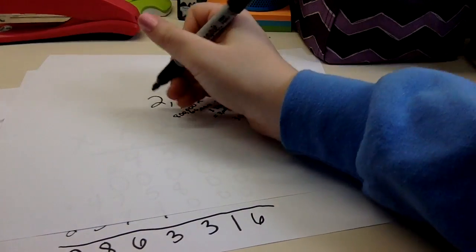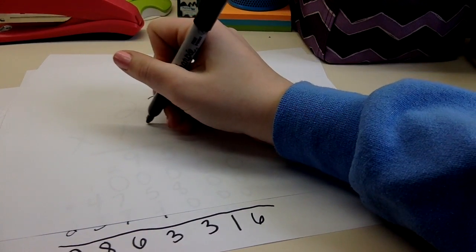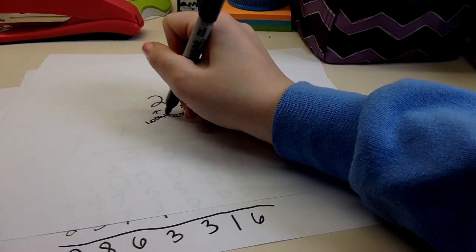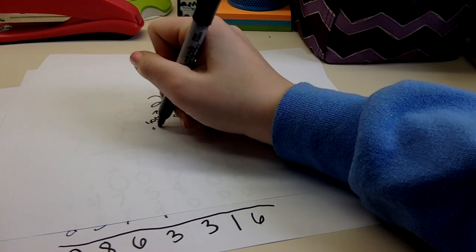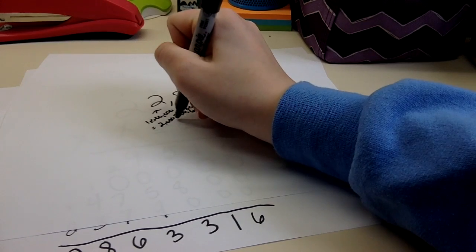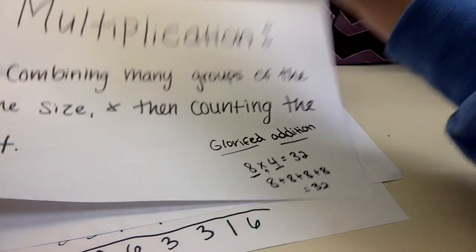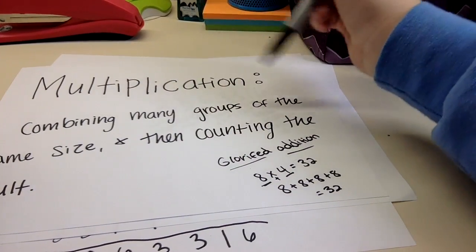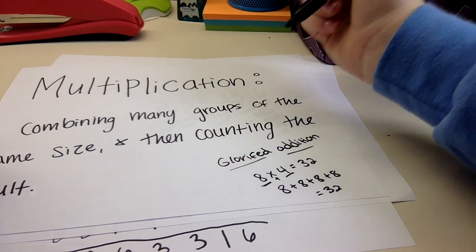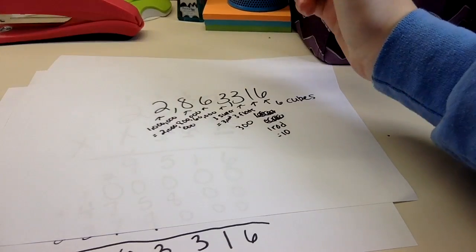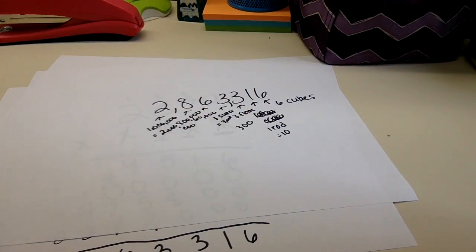And then we have 2 super times 4 cubes, which is 1 million each, so that gives us 2 million. And again, this relates back to our rule of multiplication, which says that we're combining many groups of the same size and then counting the results. So our final answer is 2,863,316.